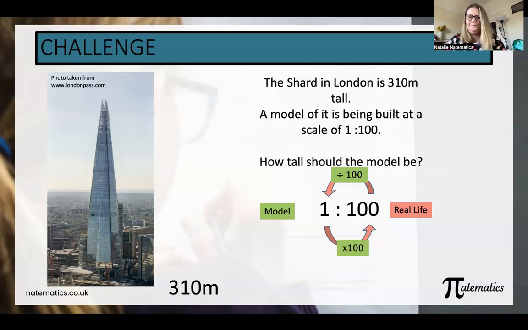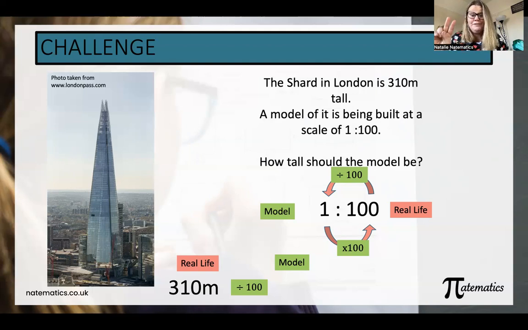310 metres. That's real life. Just comparing to what we've got here, it says to go from real life to the model, we need to divide by 100. So 310 divided by 100. You can picture it in your head, maybe do a little place value grid. Well, 100 has 2 zeros.